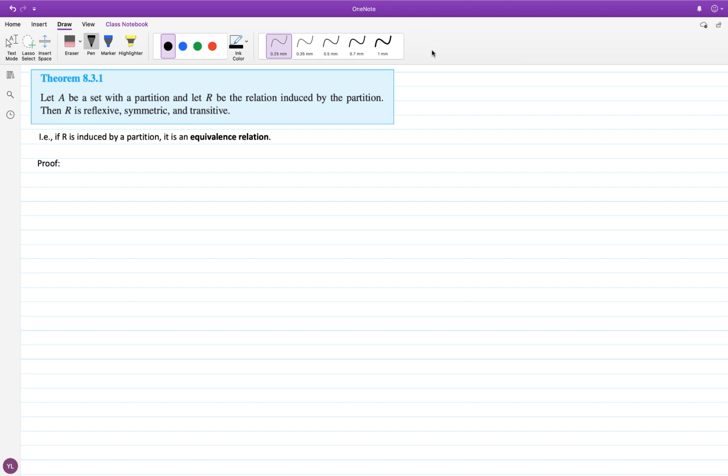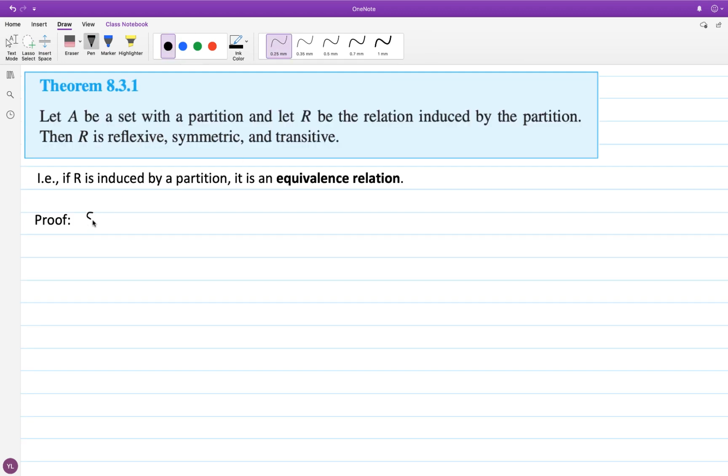So what I want to do here is suppose that A is a set and curly P is a partition, and let's say the partition consists of the sets A1, A2, A3, and so on. It doesn't necessarily have to be a finite partition.